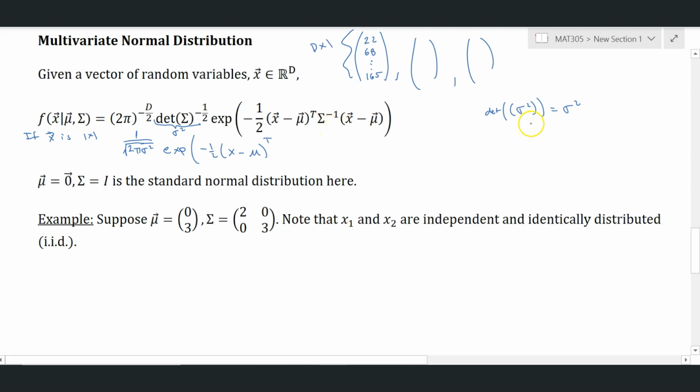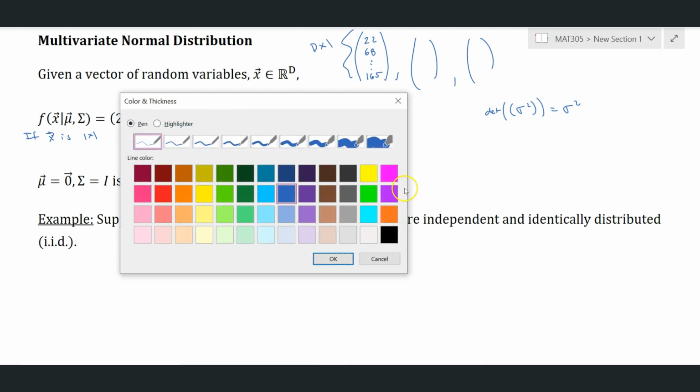And by the way, the inverse of a 1 by 1 is precisely just the reciprocal of that 1 by 1. So we get 1 over sigma squared. And here we have x minus mu once again. Now, when we transpose a 1 by 1, it's still the exact same 1 by 1, so we don't really need the transpose here at all.